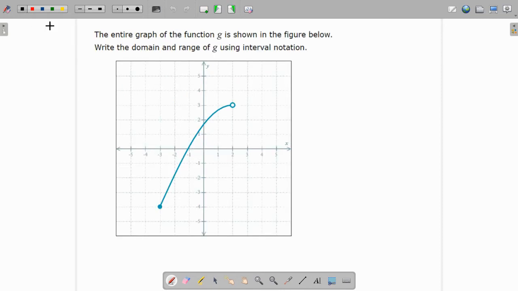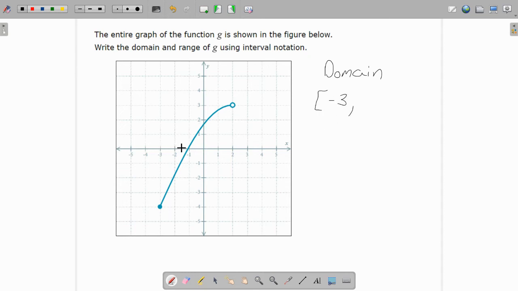If you want, pause it and try this problem. The only thing I want to point out is that this is closed, this is open. I'm going to continue with the problem. For the domain, the furthest left is -3 with a closed dot, so -3 with a bracket.